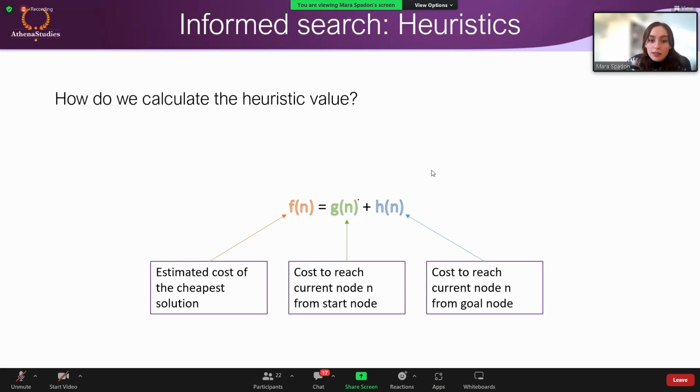We calculate this by adding up two values: the cost to reach the current node n from the start, plus the cost to reach the goal from the current node n. If we add these two up, we have a rough estimation of, in our case, the smell of the cheese or anything like that. So that is the formula that we use.